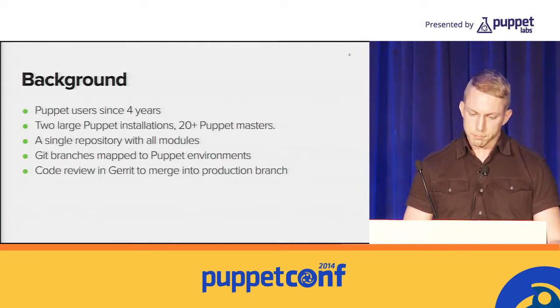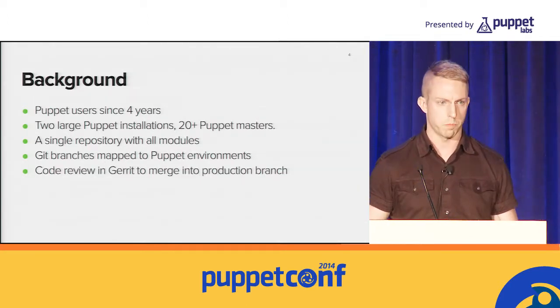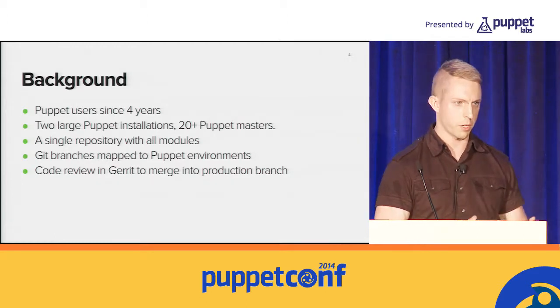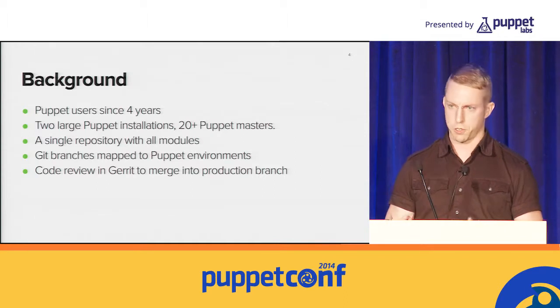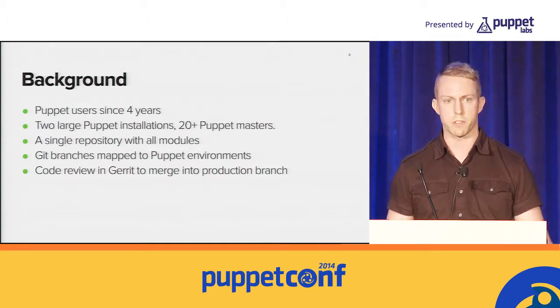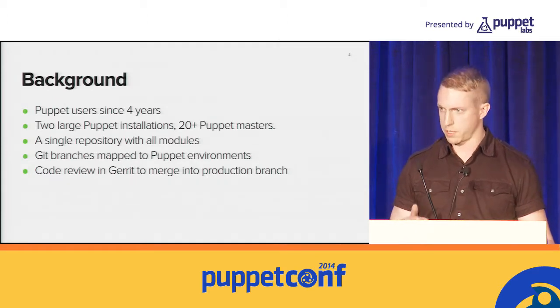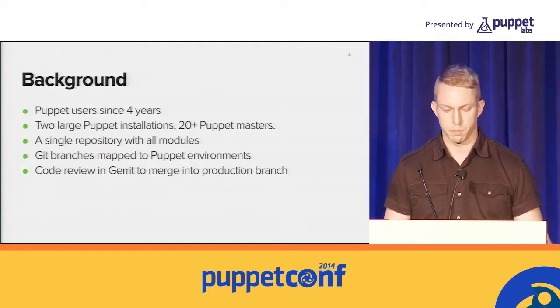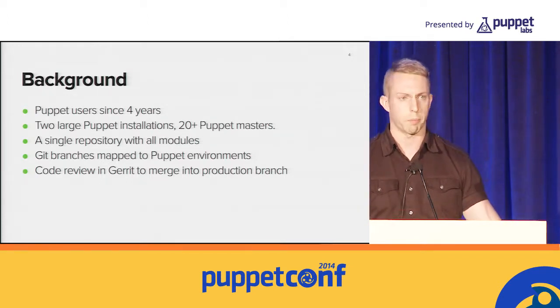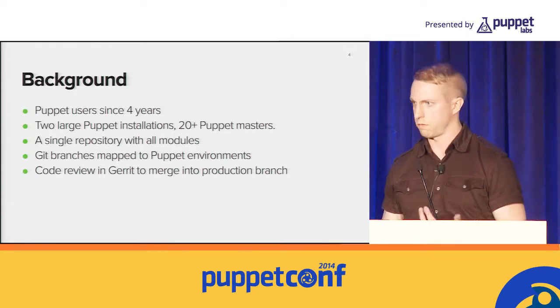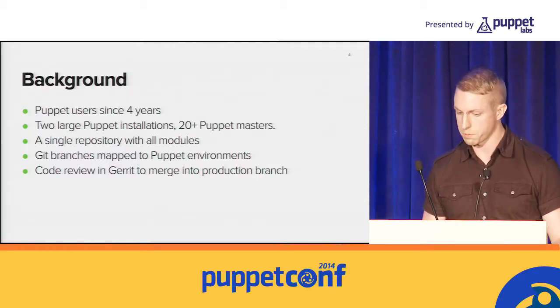And then we use Gerrit for code reviews. So any developer or operations engineer can push to private Git branches. You can run Puppet against those branches. But before it gets merged into the production branch, you have to go through a code review. And that also does things like Puppet lint testing and syntax validation, those sorts of things.